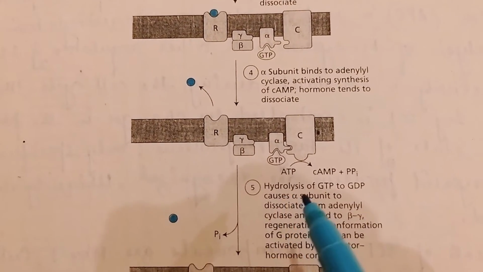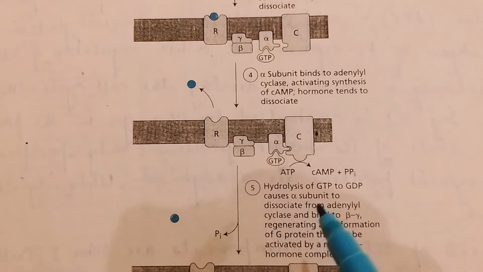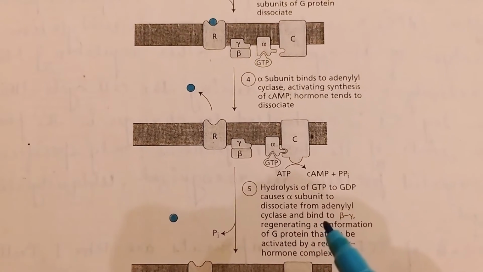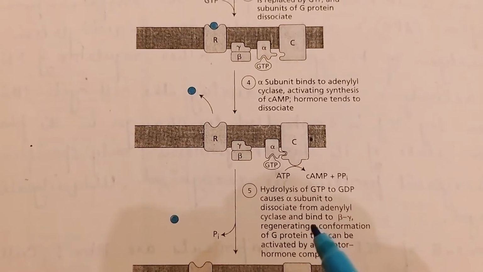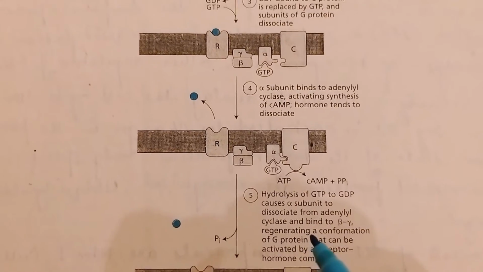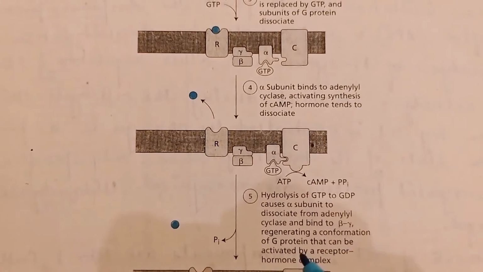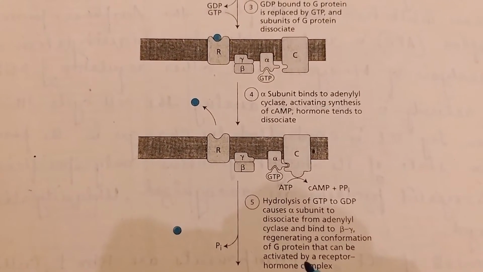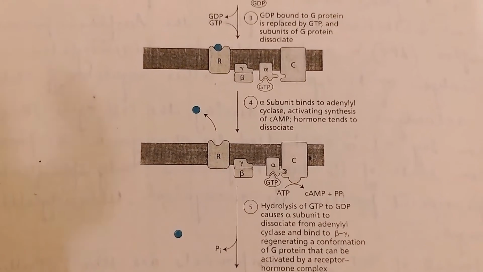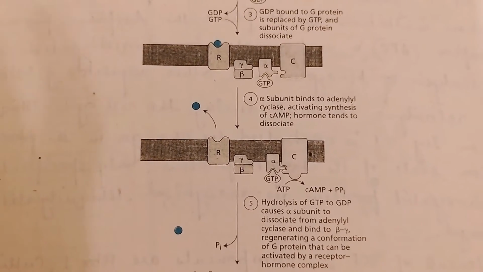Then what will happen in the next step? Hydrolysis of GTP to GDP causes the alpha subunit to dissociate from adenylyl cyclase and bind to the beta gamma dimer again. This will regenerate the original structure, a conformation of G protein that can be activated by a receptor hormone complex. So it is again going back to its original form, which can once again be activated by another set of ligand binding.